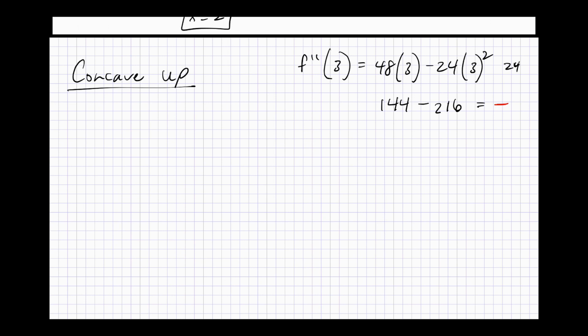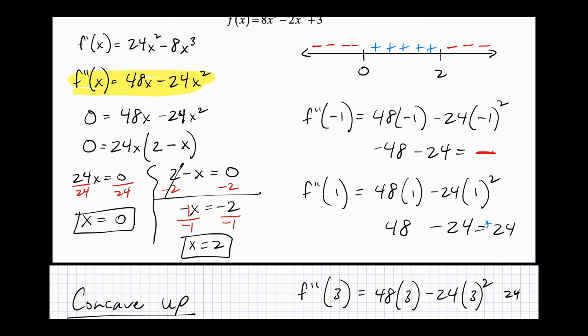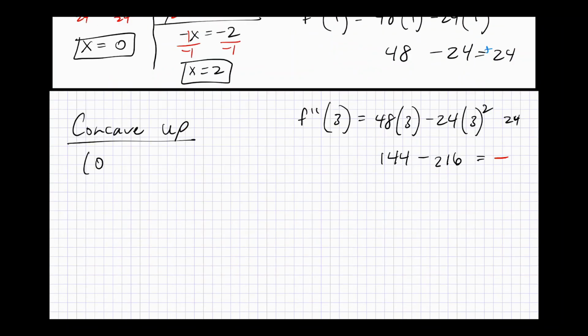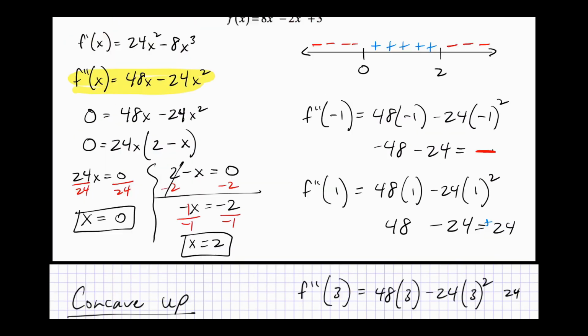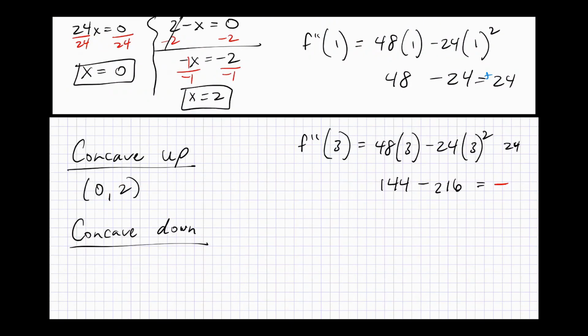Concave up, anywhere there's positives, only between 0 and 2. Concave down, before 0 and after 2.